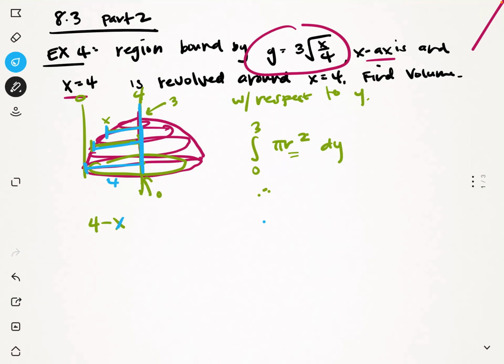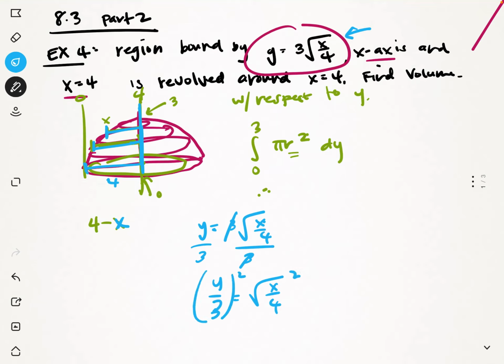Okay, now the tricky part is that because we want to be working in terms of y, we need to solve this for x. So we're going to do y equals 3 square root x over 4. We're going to divide by 3 to get rid of that 3. So y over 3 equals square root x over 4. Then we're going to square both sides to undo our radical.